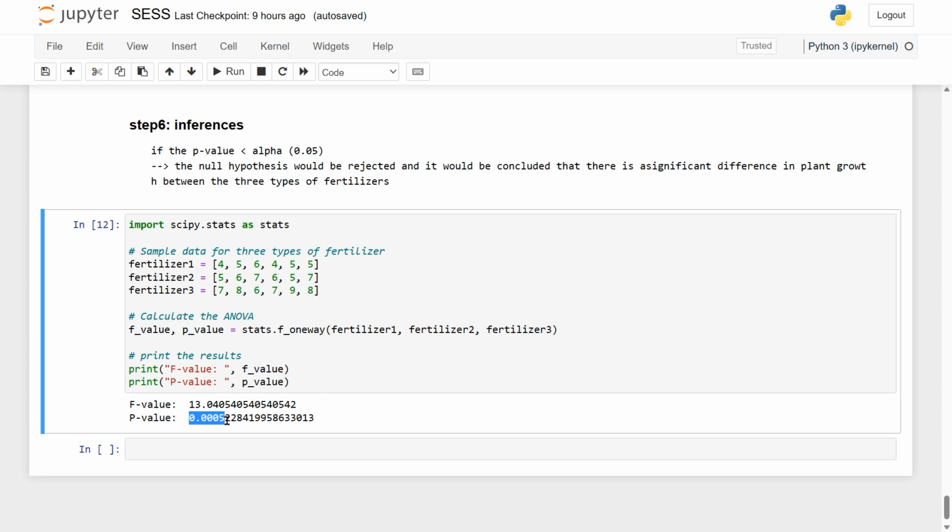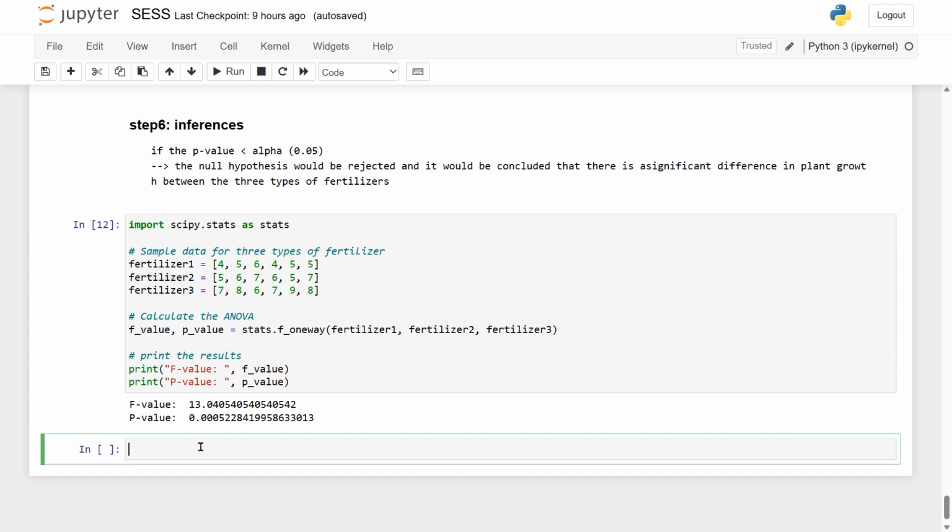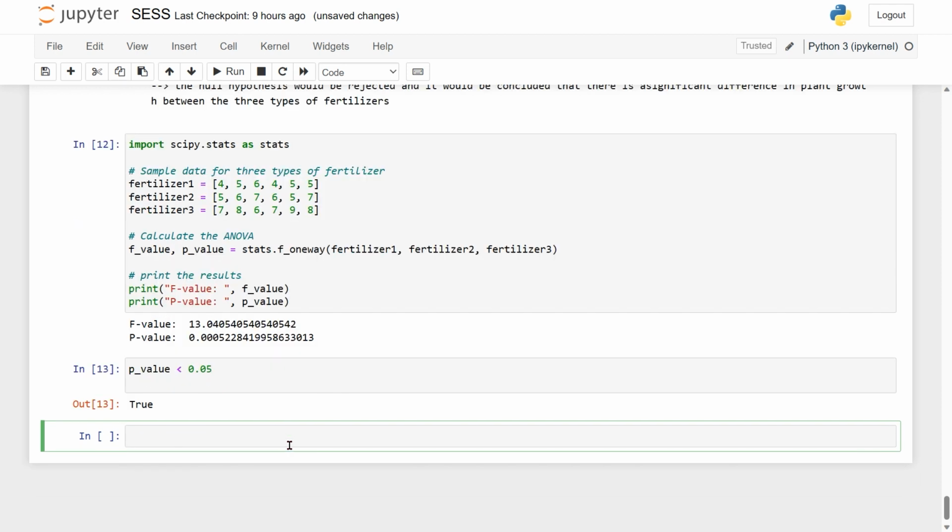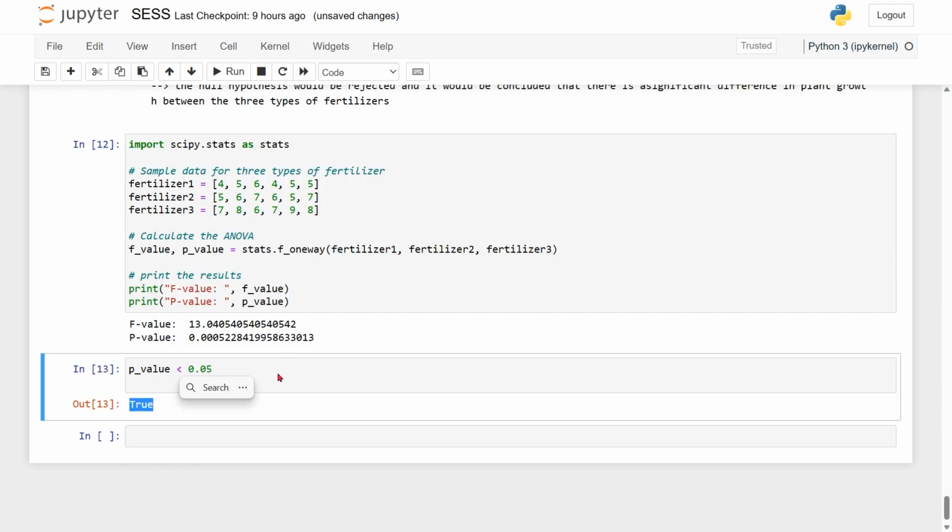Now let's take the P value and compare it. What's the condition? Is the P value lesser than 0.05 or not? Let's check. It's true. It's lesser than the significance level.